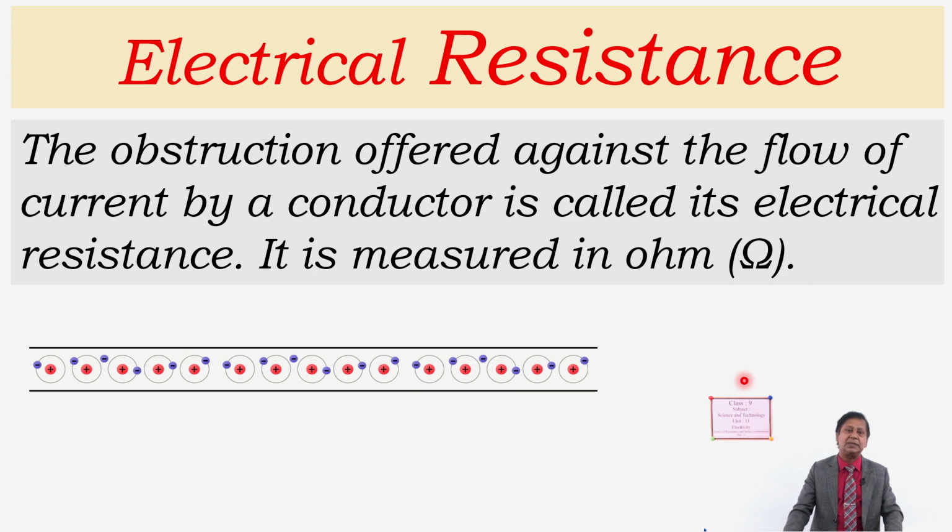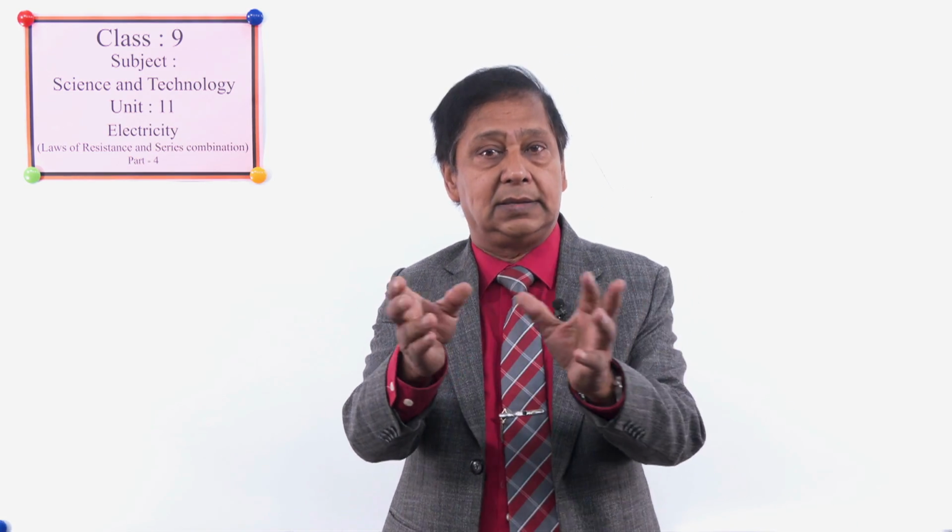Okay, now let's talk about the resistor also. What is a resistor? A resistor actually is a conductor having high resistance, or the substance having high resistance is a resistor. It is used intentionally in the circuit to convert electrical energy into other forms of energy.